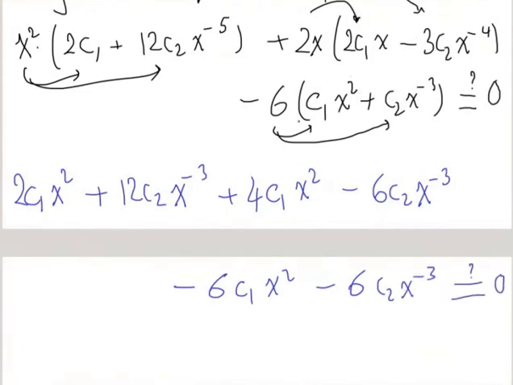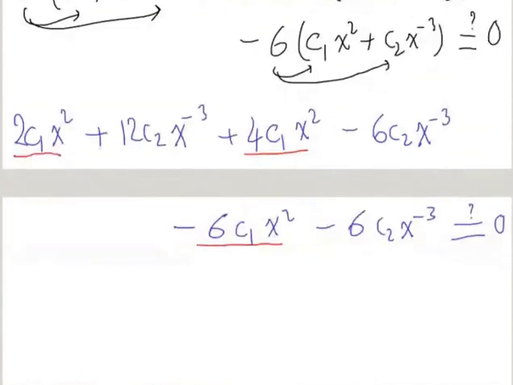If you combine the like terms here, c1 x squared, c1 x squared, c1 x squared, what do we get? Everything cancels out, right? 2 plus 4 is 6, and then minus 6, gone.